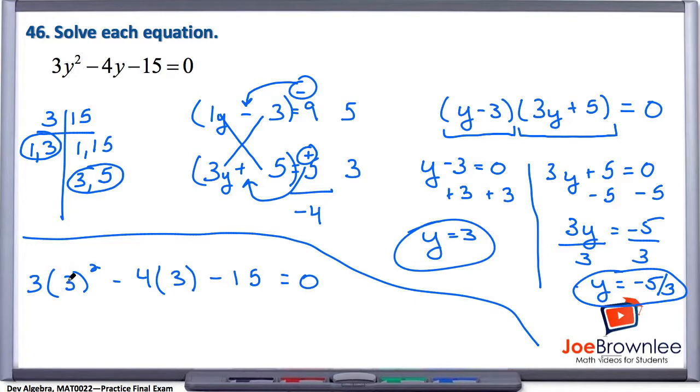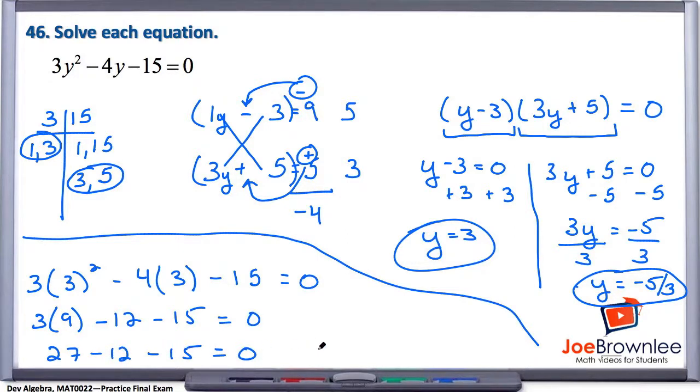Follow your order of operations, so we have to square this 3 first, so this is really 3 times, and 3 squared is 9, minus 12 minus 15 equals 0. Well, 3 times 9 is 27, minus 12 minus 15 equals 0. Well, 27 minus 12 is 15, and 15 minus 15 is 0.